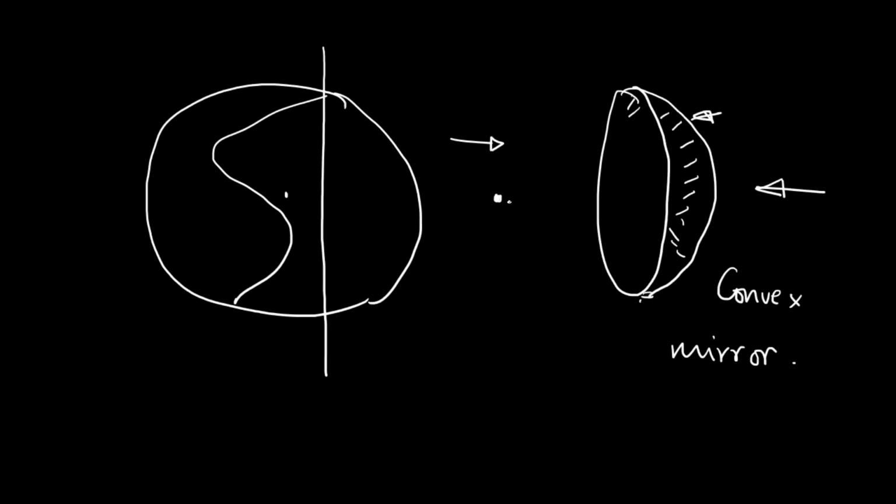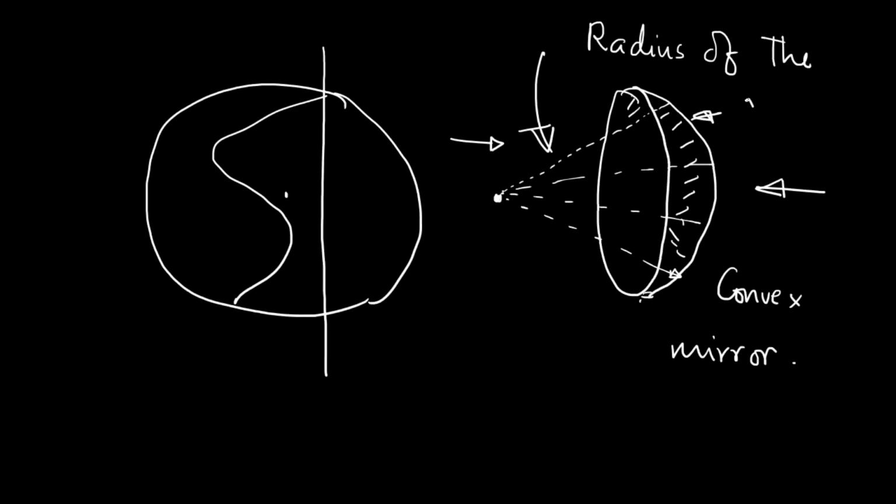Now this distance, which is constant because it's the radius of the tennis ball or the radius of the sphere, is called the radius of the mirror, and usually this is known. So when you go to the market and you ask for the nature of the mirror, they'll tell you the radius.